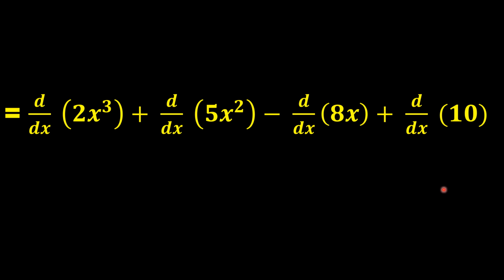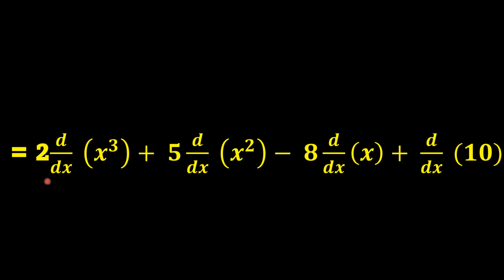And then next we will have the derivatives of each term in the given function. So we have now the derivative of 2x cubed with respect to x plus the derivative of 5x squared with respect to x minus the derivative of 8x with respect to x and then the derivative of 10 with respect to x.